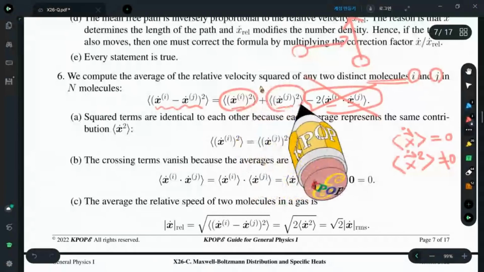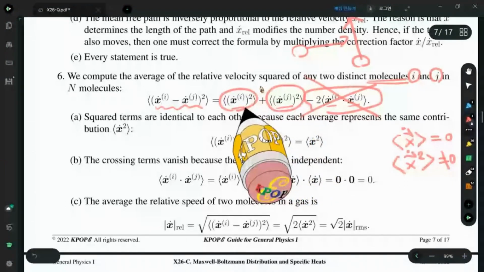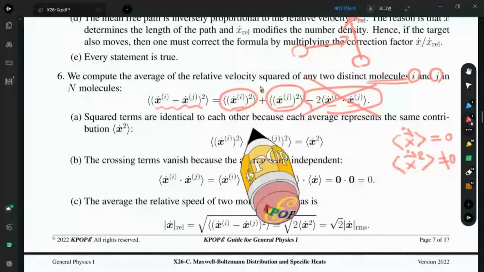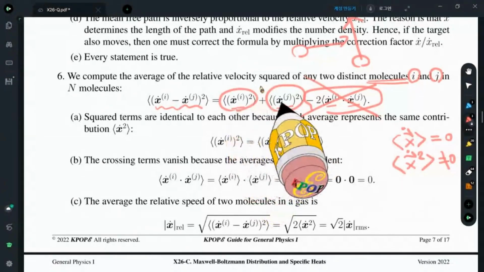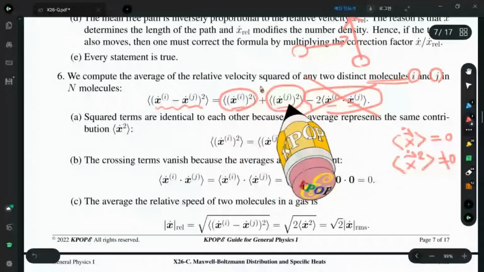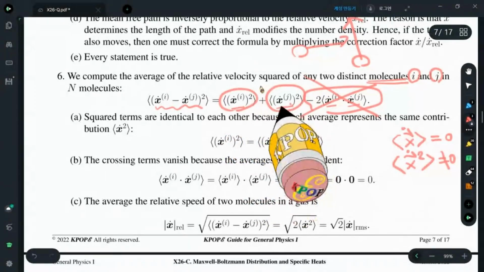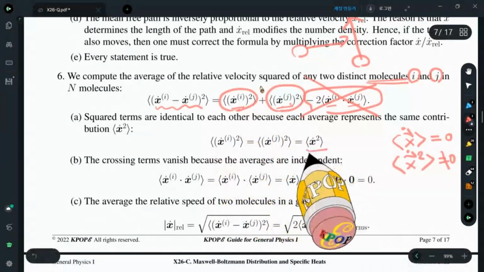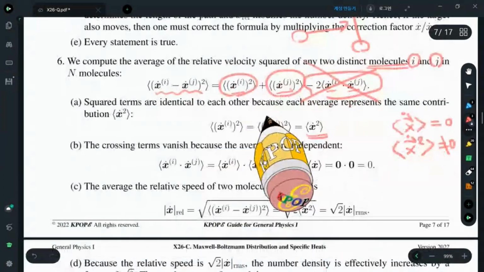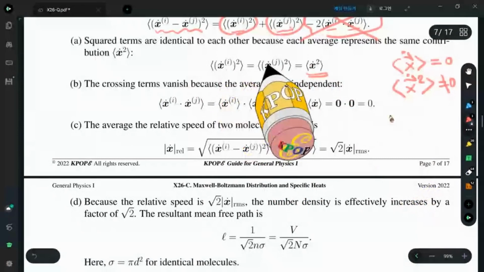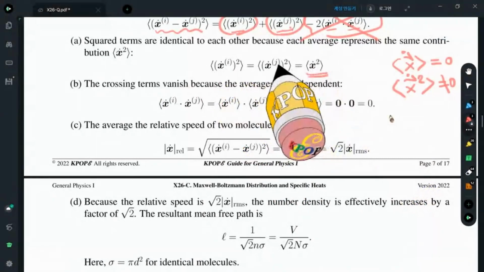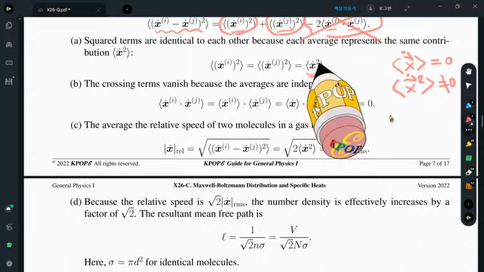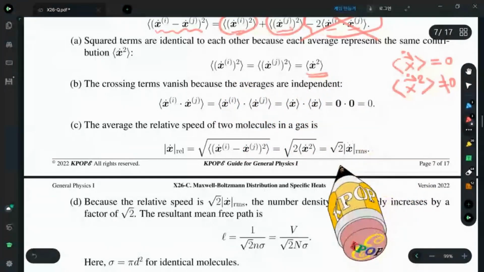In addition, there is no way to distinguish i and j, just like the equipartition theorem. We assume the two values are the same, and that is the same as the average over the whole molecules inside the sample.